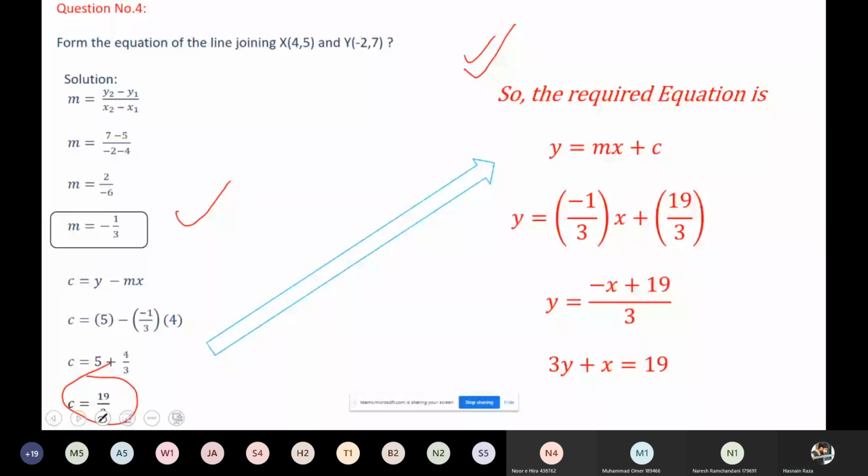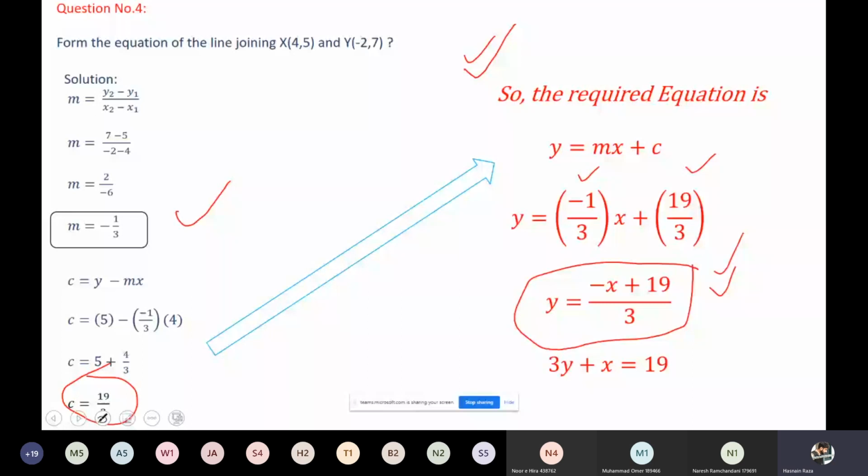So the value of m was minus 1 upon 3, and the value of c was 19 upon 3. Now, because 3 is common and the denominator is the same, I turned it into a whole upon 3. This could be the answer of the equation, or it could also be written if 3 is sent over there.